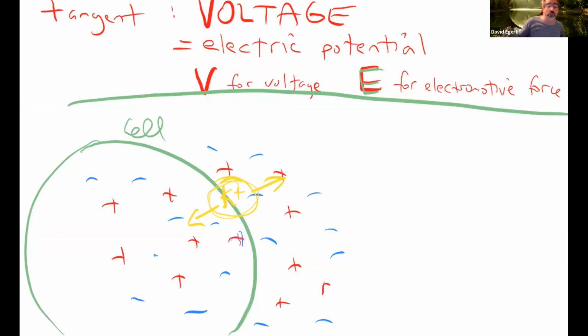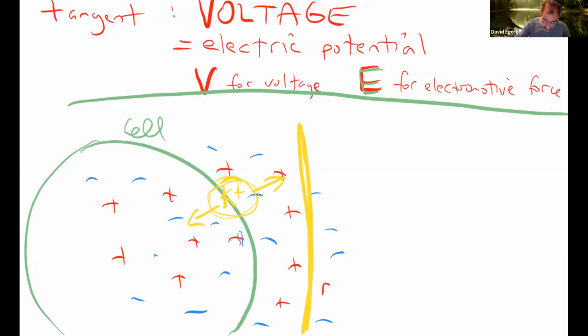There's no force moving it one way or the other because everything's balanced. It's just as likely to want to go in or out because it's the same balance of charge inside and outside. So this would be like no voltage here, or the voltage would be zero. So voltage is zero if there is no charge imbalance on either side of the membrane.